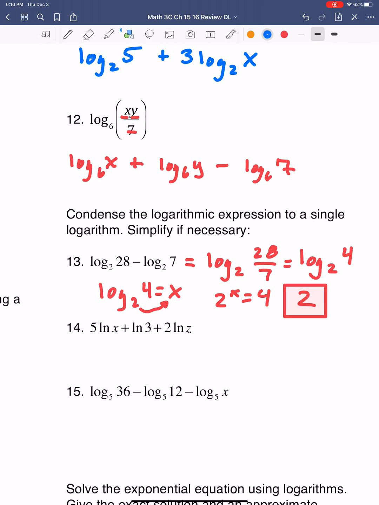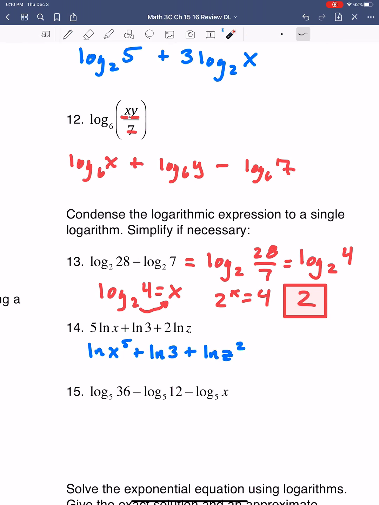Okay, moving to number 14 here. Notice we've got some numbers that are in the front of our natural logs here. These work the same way as the log logs, right? So we're going to go ahead and take those numbers from the front and make them the exponents. So I'm going to rewrite this as natural log of x to the 5th plus natural log of 3 plus natural log of z squared.